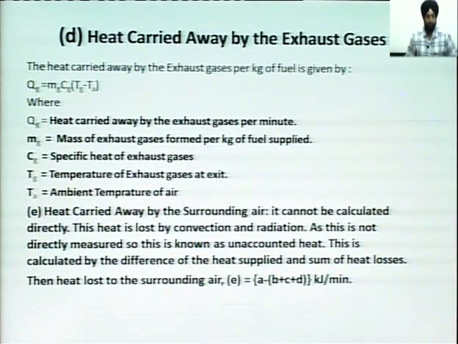As we observe from the screen, the heat lost to the surrounding air by convection or radiation, that is E, will become equal to A, the total heat supplied to the engine by burning a certain amount of fuel, minus B, the useful amount of work, the fraction of energy which has been converted to useful work, minus C, the heat carried away by the cooling water, and D, the heat carried away by the emission gases.